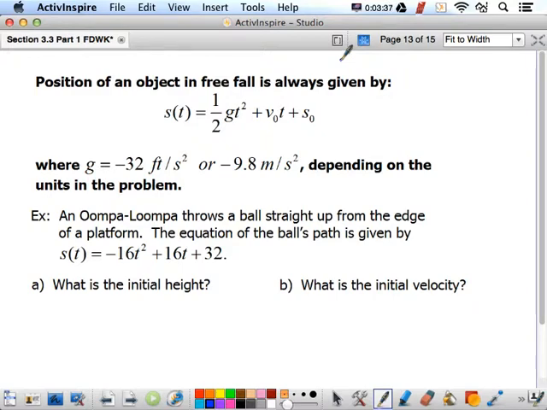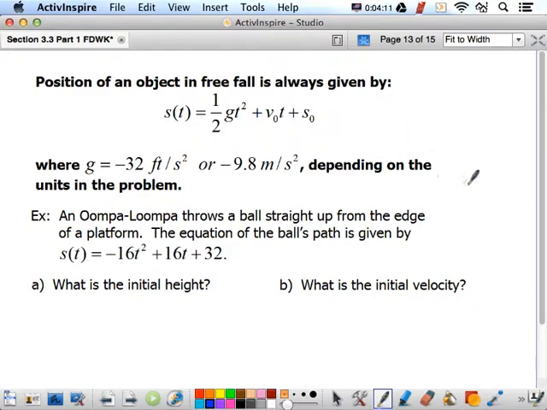But we're going to use s of t, which will be the height off of the ground at a given time, and it will always equal 1/2 times the acceleration due to gravity times the time squared, plus the initial velocity times the time, plus the initial height, which is that s. So v stands for velocity, and the sub-zero stands for initial. I think in physics sometimes we do v sub little i, right? Yeah. And this one just stands for the initial height at time 0.